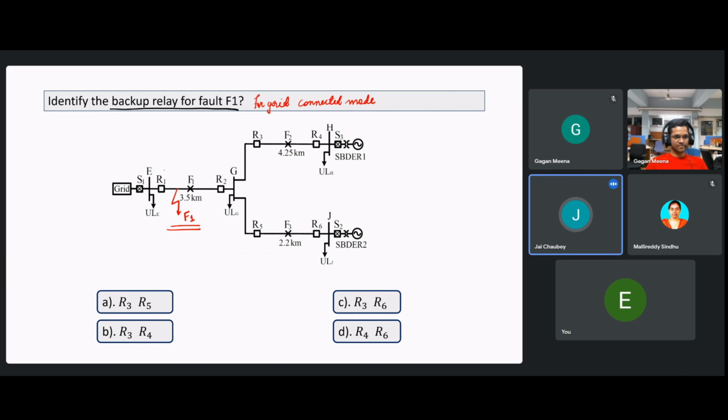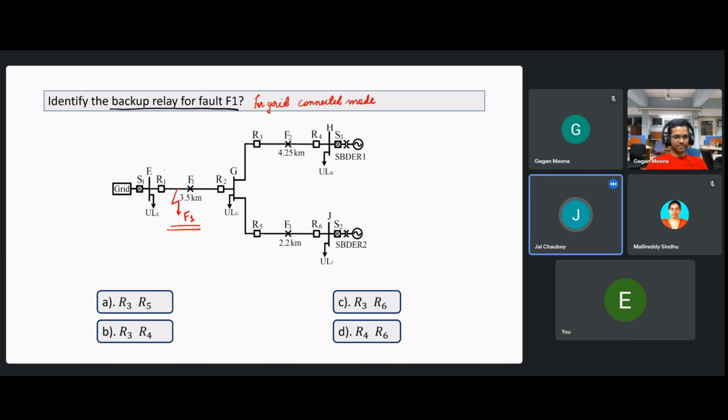First we have to see primary. So for a fault here, this line is protected by these two relays, correct? R1 and R2. If there is any fault on this line, these two will detect. So these are the primary relays.